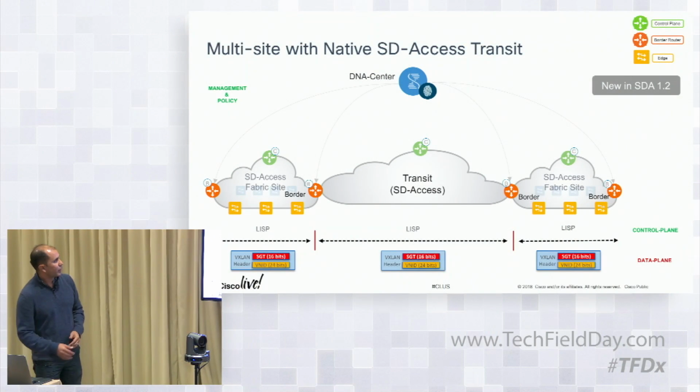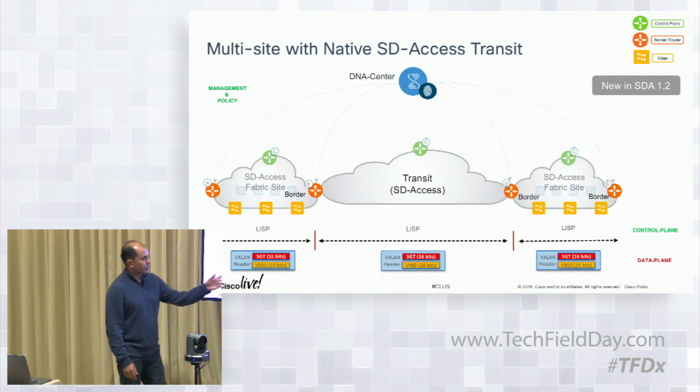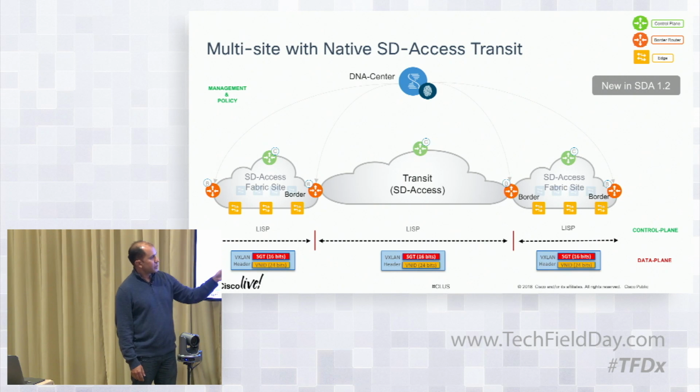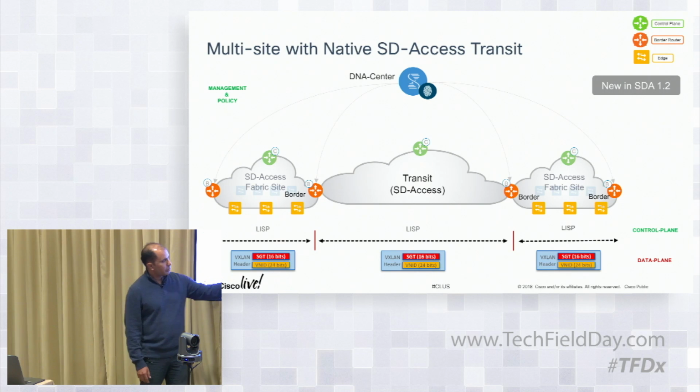This is our latest release. So when the transit is native, what you see is a fabric site with borders, edges, and control plane. It's all controlled by DNA Center: all the borders, all the edges, the control plane. Then you have a transit site that is running the same technology, and it has its own instance of the control plane.